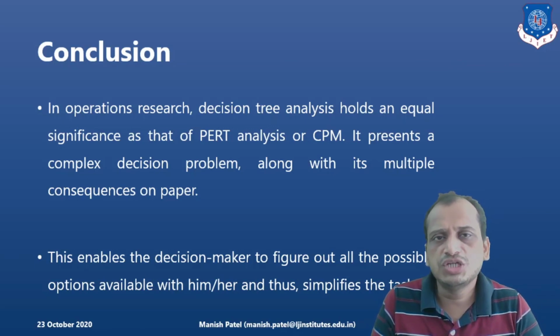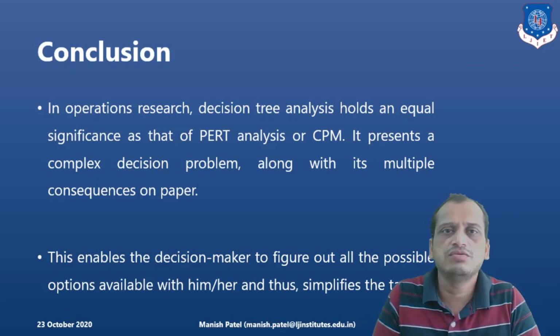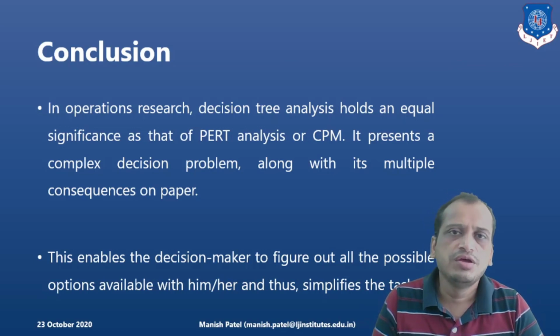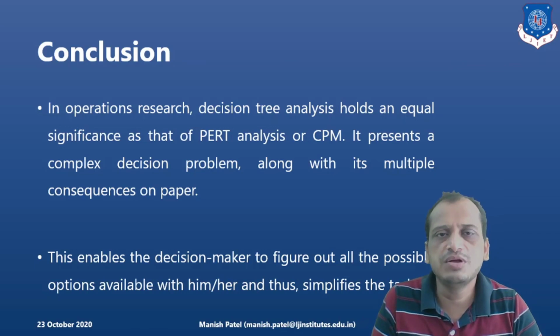We have multiple criteria for decision making, and for the decision maker it is easy, with the help of calculations, to carry out the methodology shown here, and they can calculate the optimal solution, or you can say the criteria which is favorable for the decision. Hence, in this way, with the final topic, the decision tree with an example, we have concluded this chapter. Thank you.